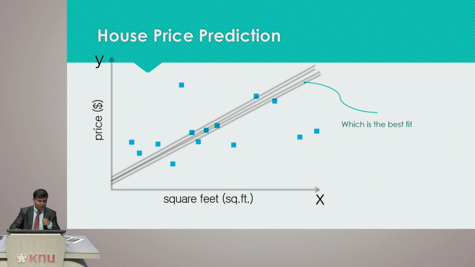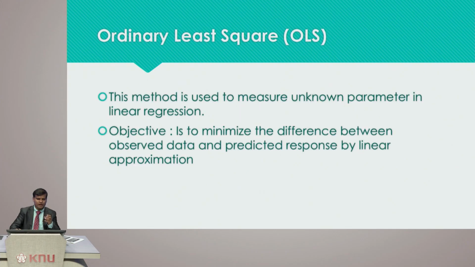In order to find the best fit line, we use the ordinary least squares method. In this method we estimate the unknown parameters in the linear regression. The main objective here is to minimize the difference between the observed data and the predicted response by linear approximation. How is this done?